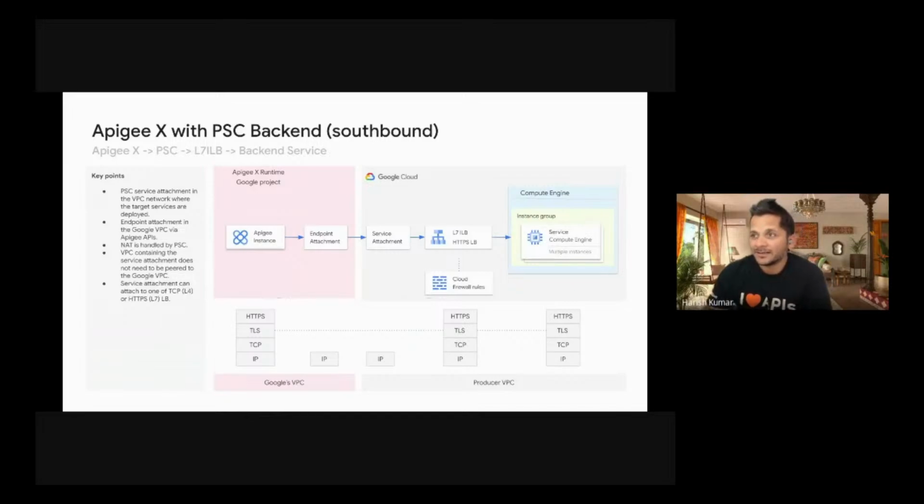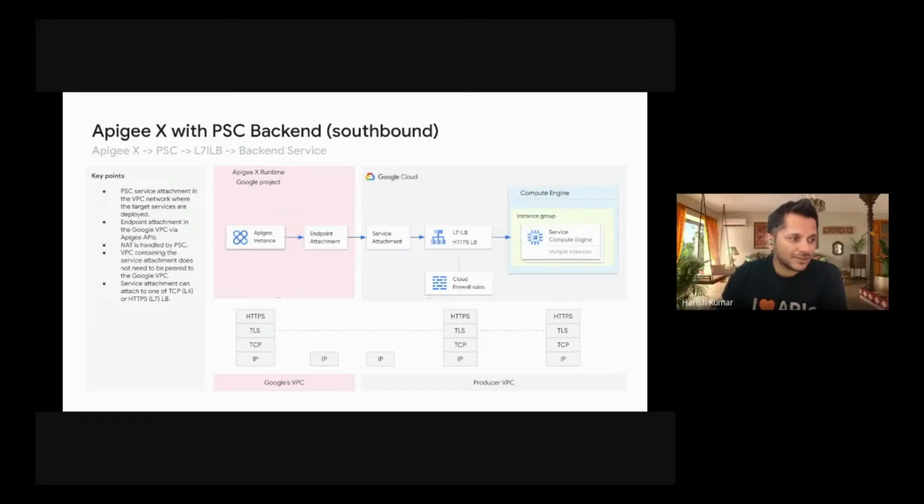Next is another pattern which you might see where you have a backend, and now when I was talking that you can use PSCs, this is a reverse scenario where Apigee is becoming the service consumer now. So you have a backend service, a Compute Engine, or maybe a GKE service or something.